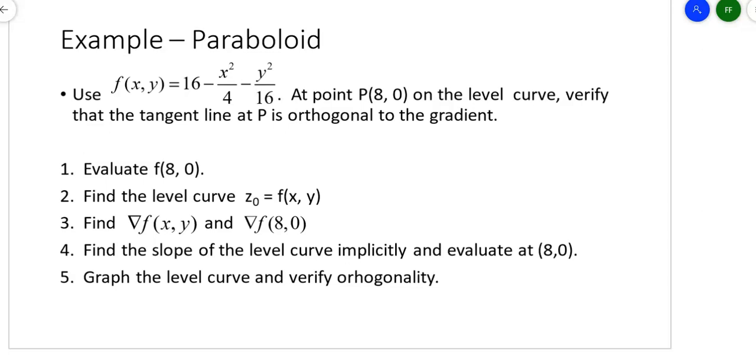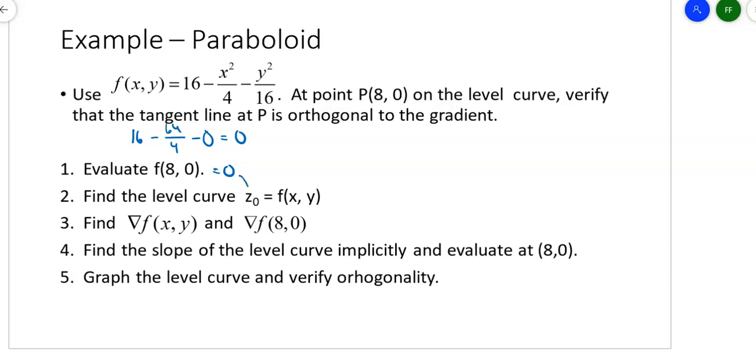If I put in an 8, I'll get 16 minus 8 squared, which is 64, and then 0 over 16 is 0. 64 over 4 is also 16, so I just get 0. So then find the level curve z sub 0 equals f of x, y.